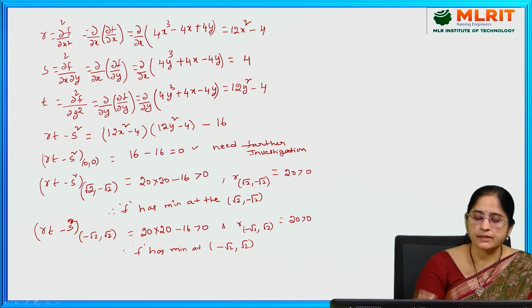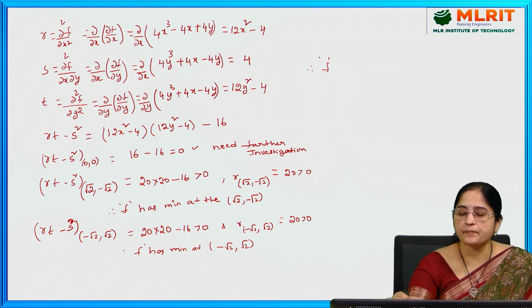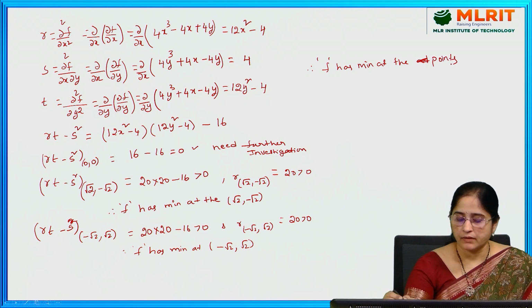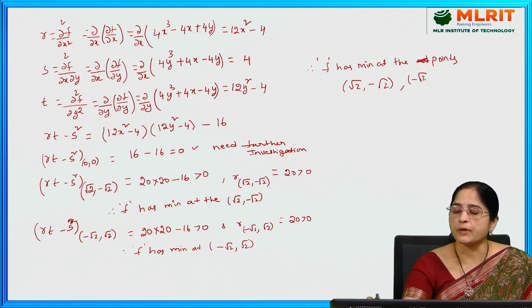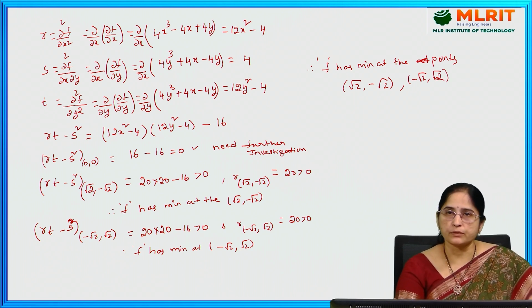Therefore, f has a minimum at the points root 2 comma minus root 2 and minus root 2 comma root 2. So this is the procedure to calculate maxima and minima for a function of two variables. Thank you.